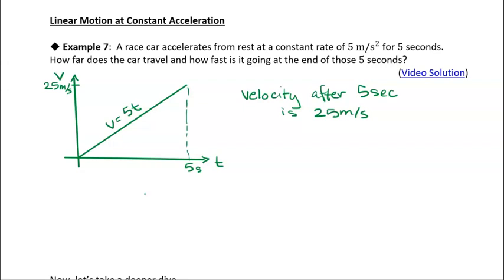The other question is, how far does the car travel in that time period? The same thing holds. The distance is the area under the velocity curve, between the velocity curve and the horizontal axis. Notice that the shape is not a rectangle, it is a triangle. We know that the area of a triangle, from high school geometry, is 1/2 base times height.